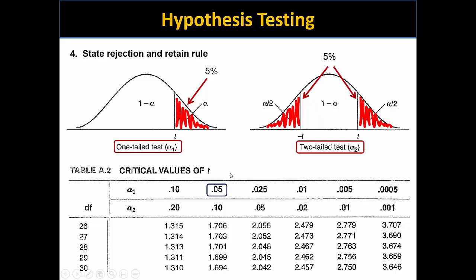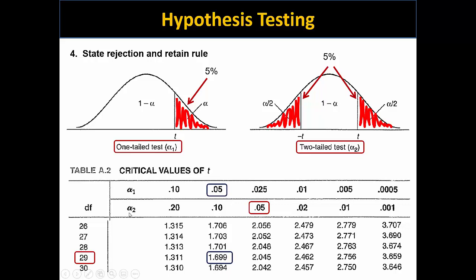In going to the critical t-values, we'll take a look at the one-tailed degrees of freedom and the critical value. So at a 0.05, that's if we go with the one-tailed approach, we look up the degrees of freedom, we calculated a 29, and we see that we have a critical value of 1.699. If we select the two-tailed approach as we do in this problem, we have the same degrees of freedom, that doesn't change, but what changes is the alpha 2.